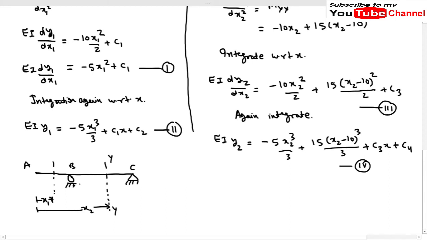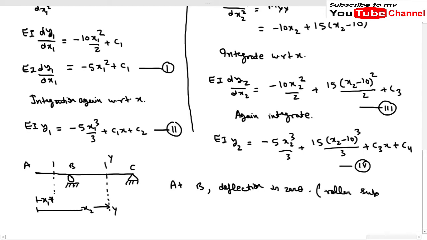So the first boundary condition is at B. At B we have a roller support, which means that at B the deflection is 0. Why? Because we have a roller support.